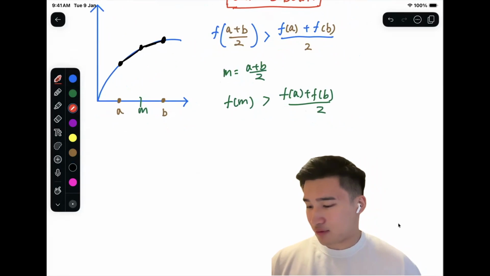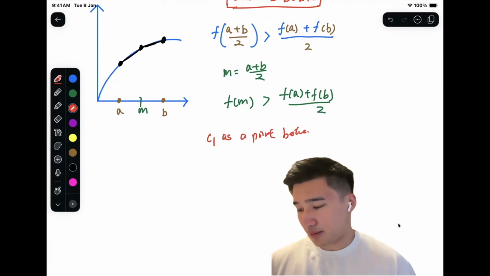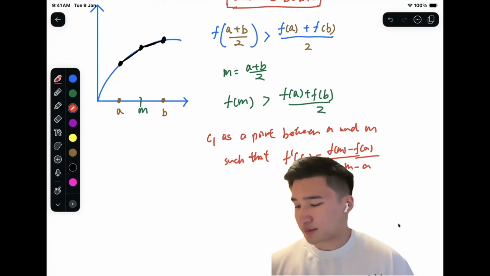Let's say C1 is a point between A and M such that f prime of C1 is equal to (f(M) minus f(a)) divided by (M minus A).